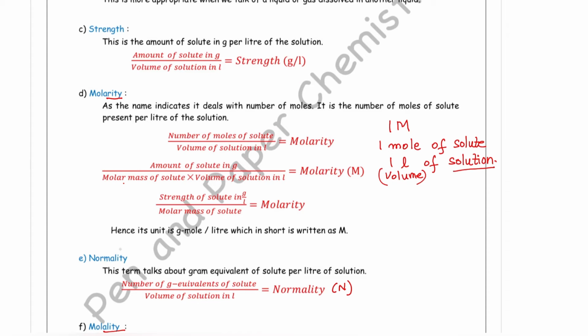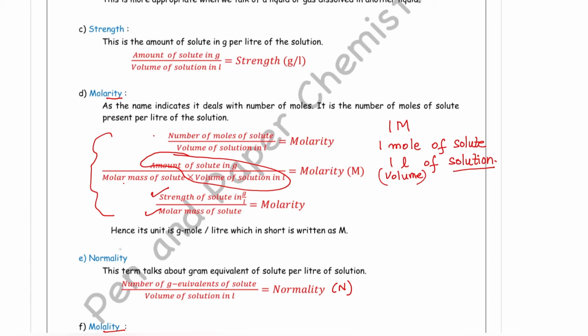In other words, what I can do is I can express this part of the formula as strength divided by the molar mass of the solute. You do not need to learn all the formulas.